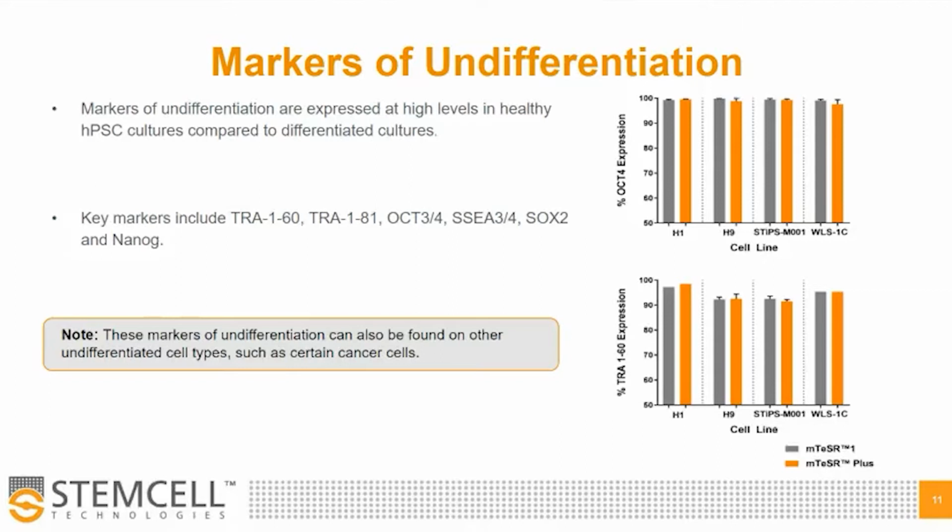These analyses were carried out by flow cytometry, which is quantitative, but other methods such as Western blot, which is semi-quantitative, or immunocytochemistry, which is qualitative, are also commonly used to assess protein expression. Alternatively, RNA expression can be measured by RT-PCR, qRT-PCR, or Southern blotting.